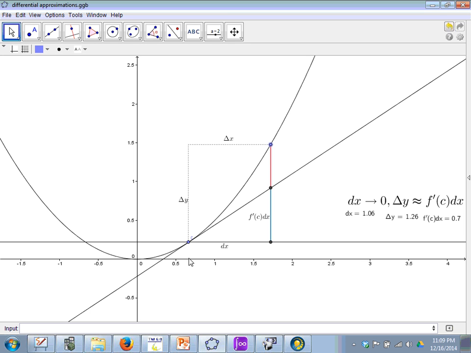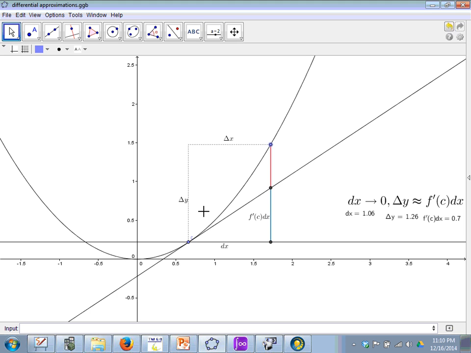Now, if I travel along the x-axis by a value of delta x, so if I go from this x value over to this x value, that would be change in x, that's delta x. So this right now is x plus delta x. This function value up here then would be f of x plus delta x.